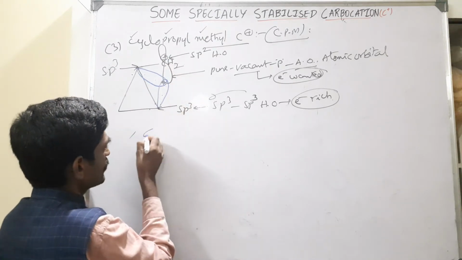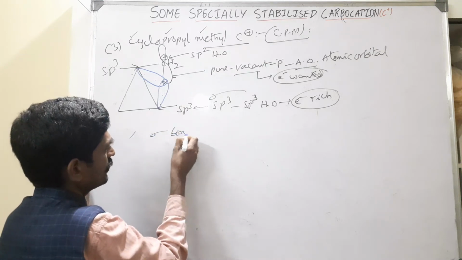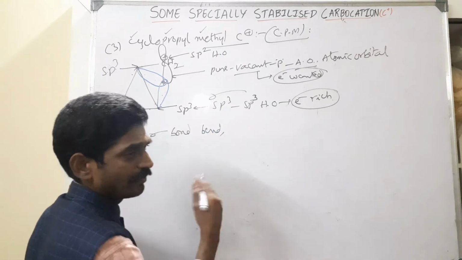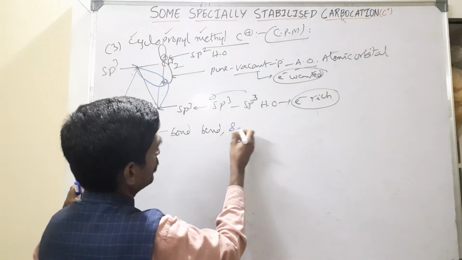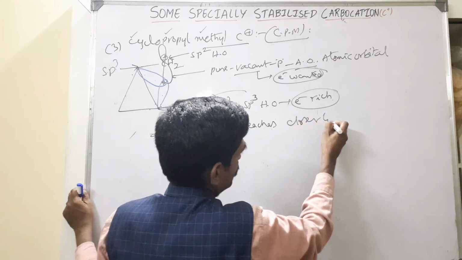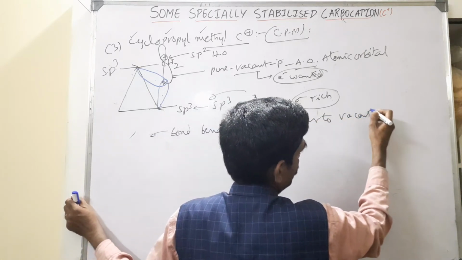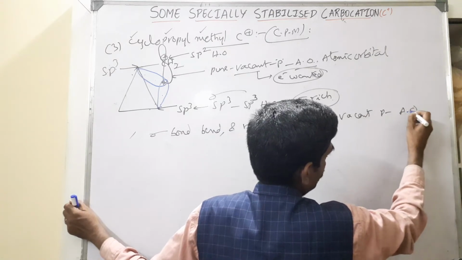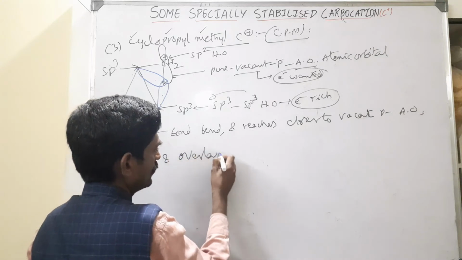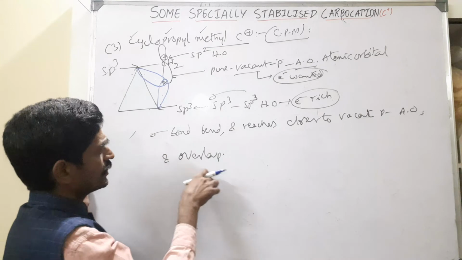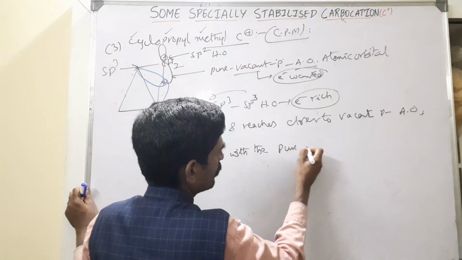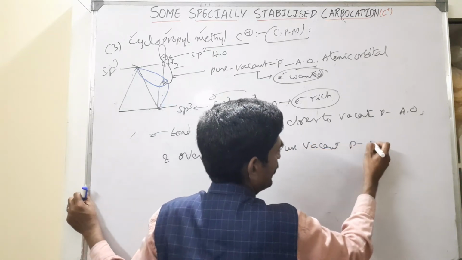That means here the sigma bond between the two carbons bends and reaches closer to the vacant p atomic orbital, overlapping with the pure vacant p atomic orbital.